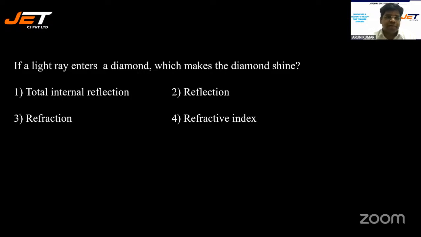If a light ray enters a diamond, which makes the diamond shine? Total reflection, reflection, refraction, or refractive index? Which of these four makes the diamond shine?